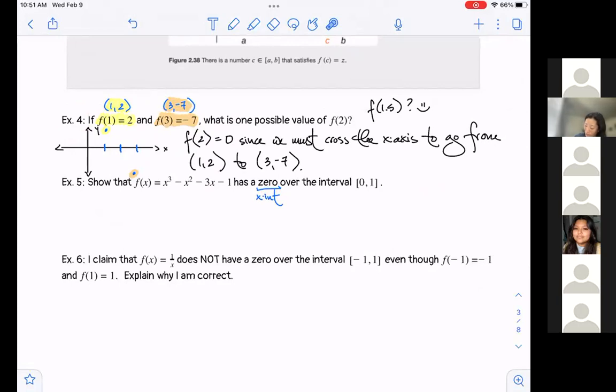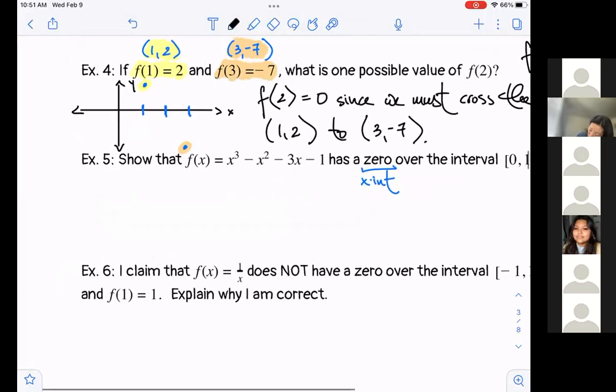So if I have an x value of 0, that would be like my f of 1. How would I find the y value that goes with 0? Plug in 0. Perfect. So let's do that. I'm going to find f of 0.